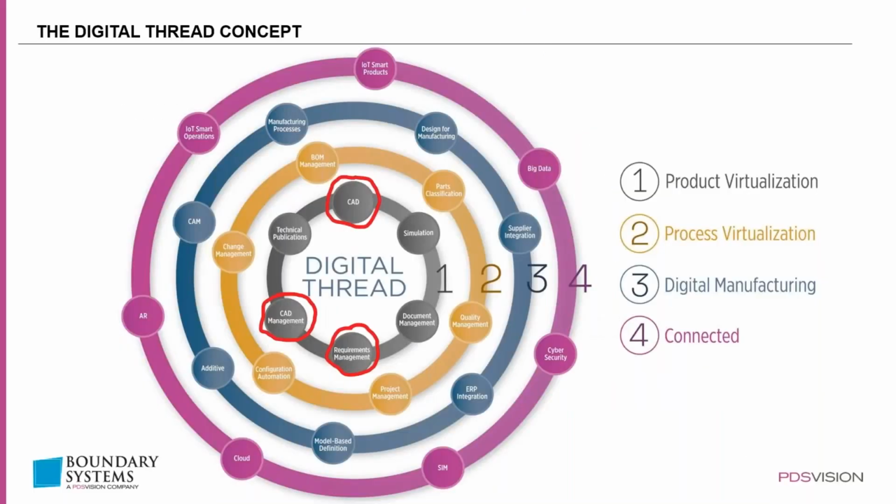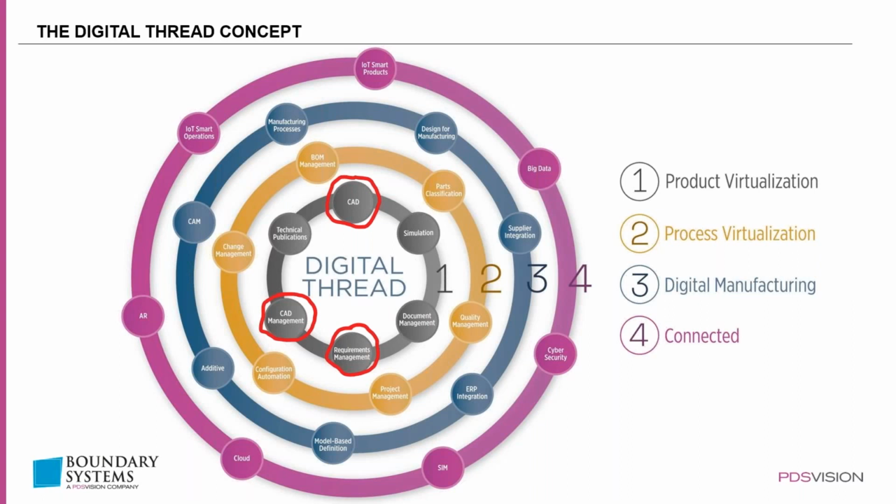Now I'm just going to talk briefly about this digital thread idea. What this is basically conveying is the idea that we can use current technology of connecting our CAD data with the rest of our development process.